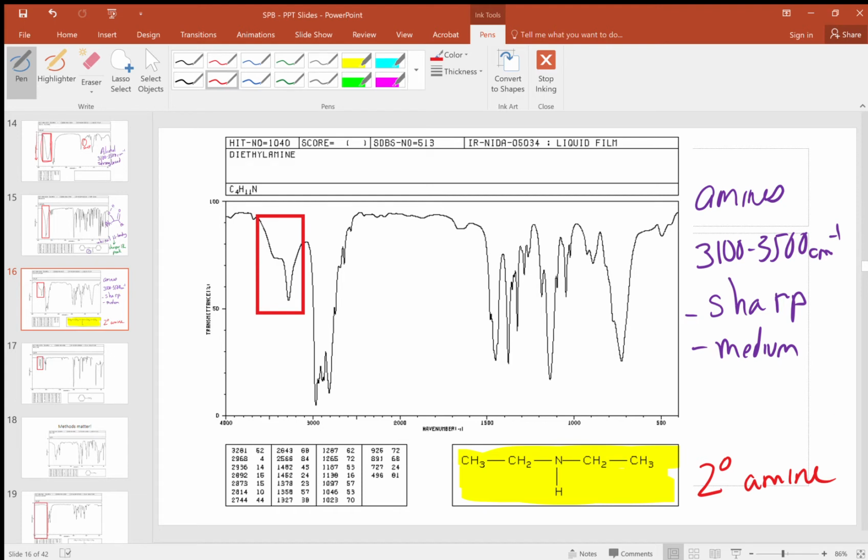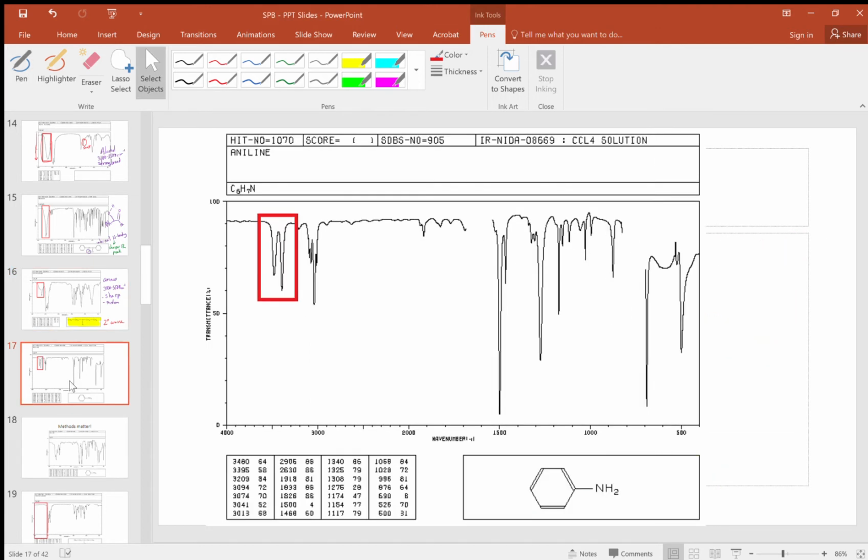Does it change if we go to a primary amine? Does that look different? Well, let's look at one. So here you can see we have a primary amine. We know it's a primary amine because the nitrogen is bonded to 2 hydrogens instead of 1. Or we could say the nitrogen is bonded to 1 carbon.